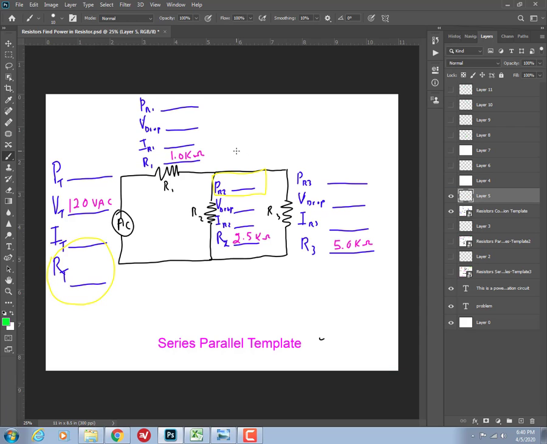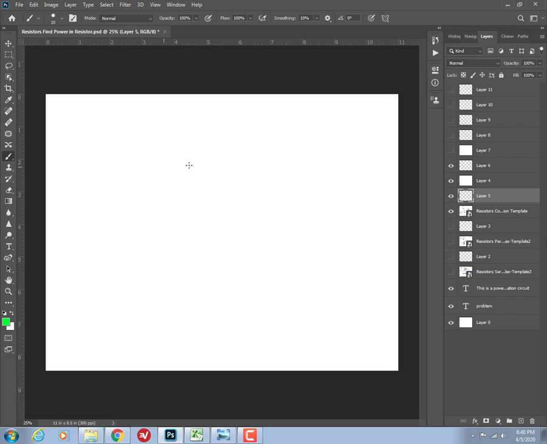So the first thing we need to do is combine these parallels. We have a 2.5 K ohm and a 5.0 K ohm.